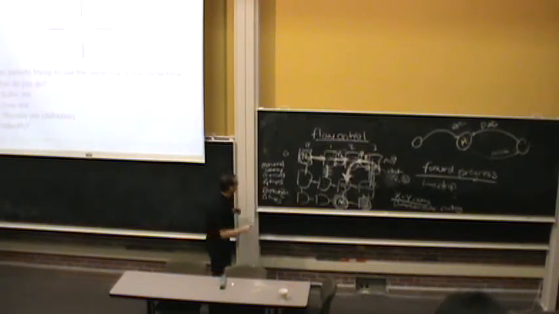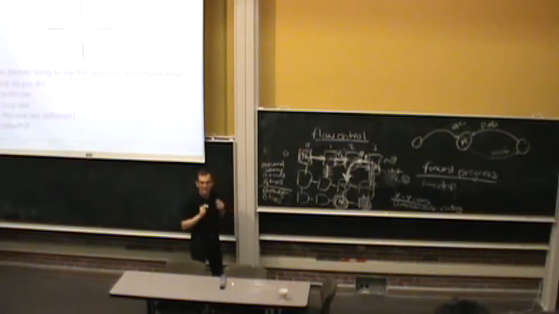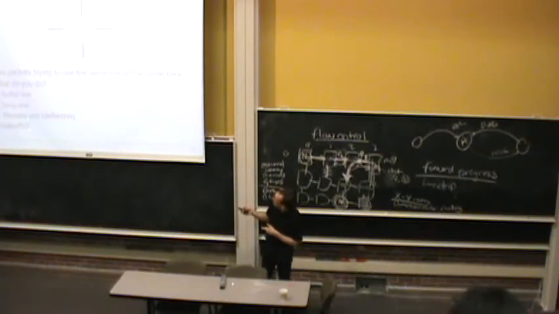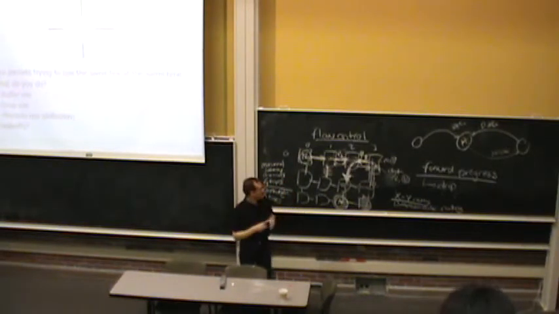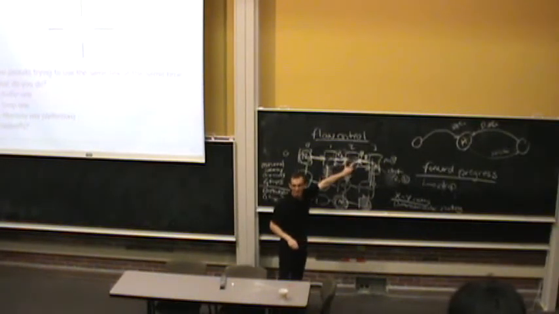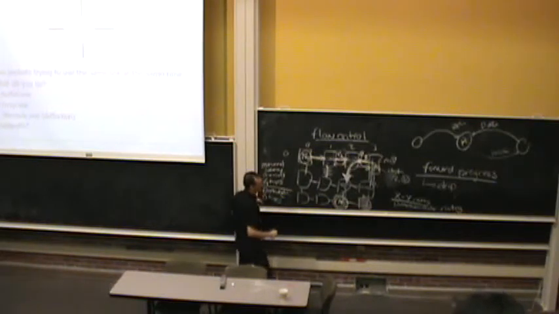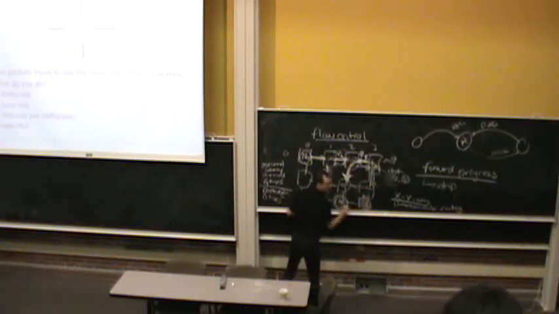So if you deflect, basically your latency increases when you contend. Hopefully it doesn't increase as badly as dropping. And if you buffer, your latency increases also, because you wait in the buffer for at least one cycle. So if these links are not busy, deflection, even though it increases latency, is now utilizing the links better.